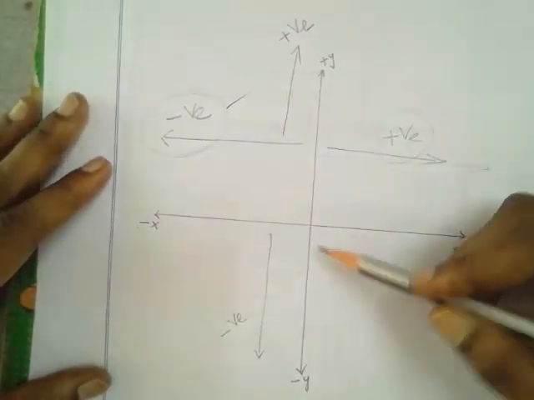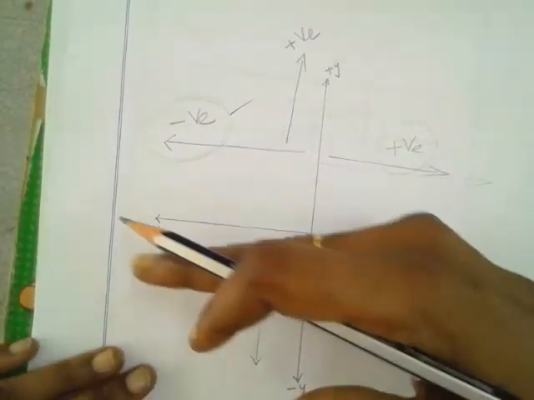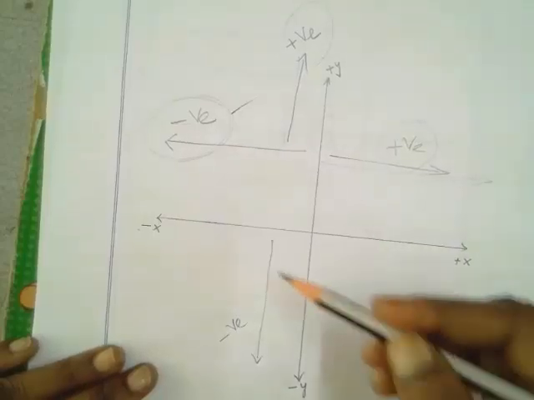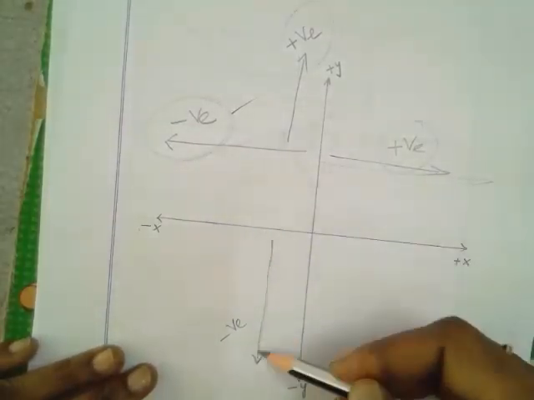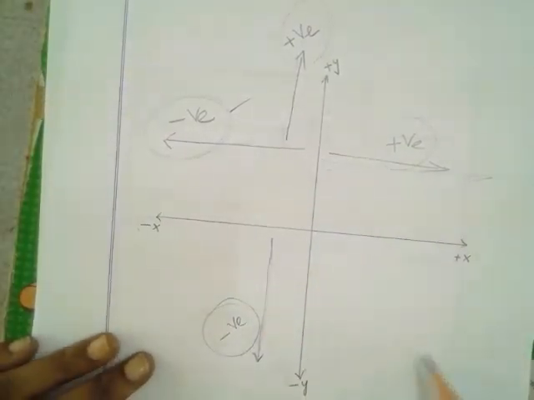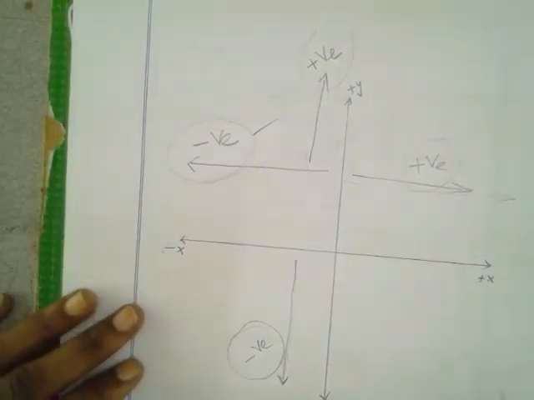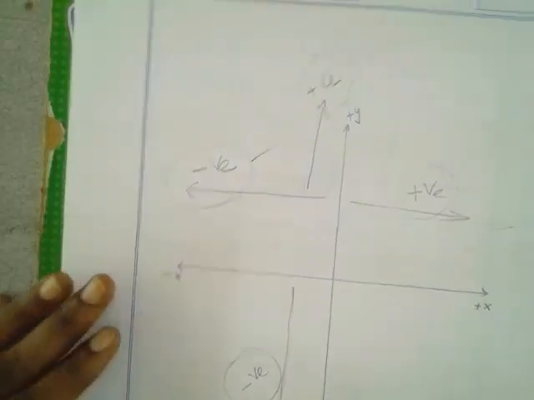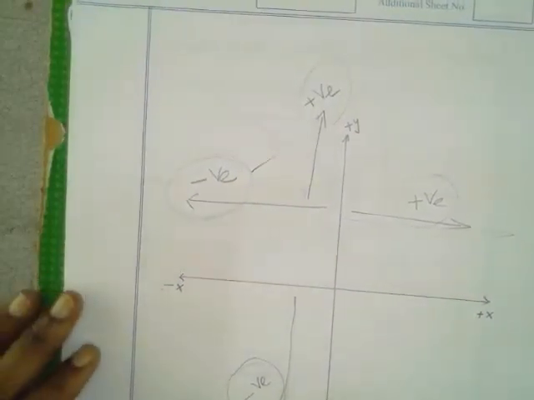The measurement upward and perpendicular to the principal axis is positive, and the measurement downward and perpendicular to the principal axis is negative. This sign convention should be applied whenever we solve problems in the case of lenses.